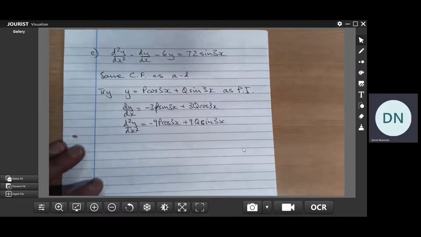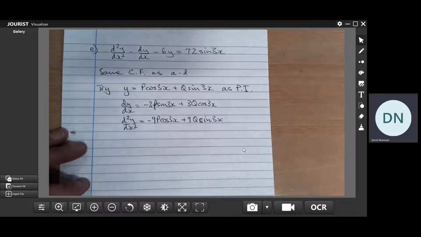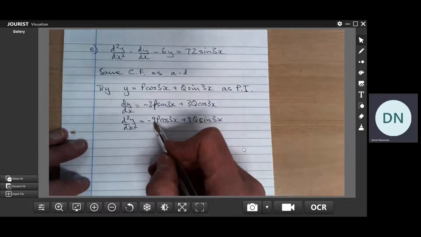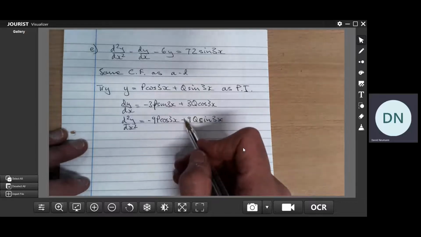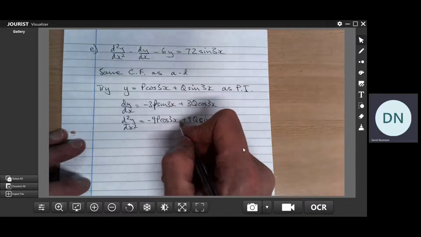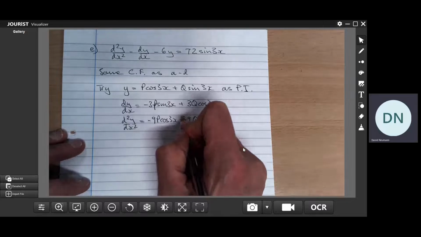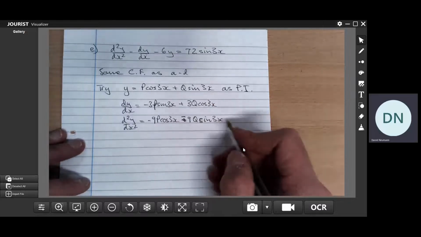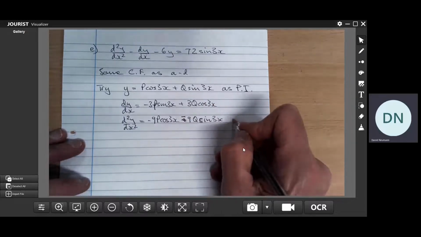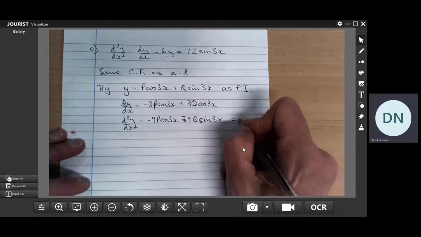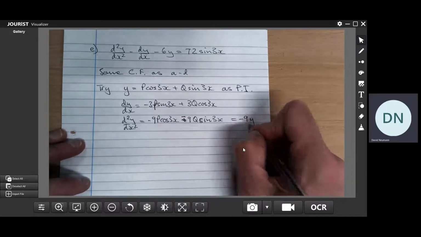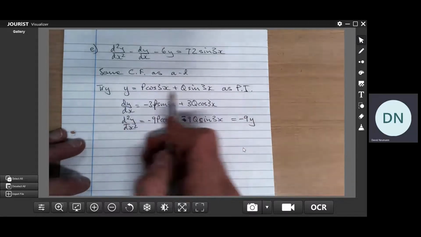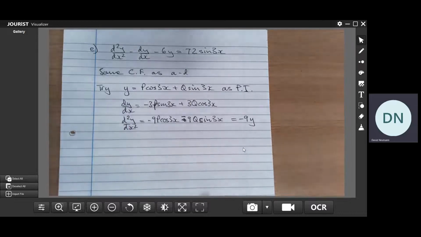It's just worth noting that this is sometimes quite useful, that this is equal to minus 9 times y. So minus 9 times what we had here.